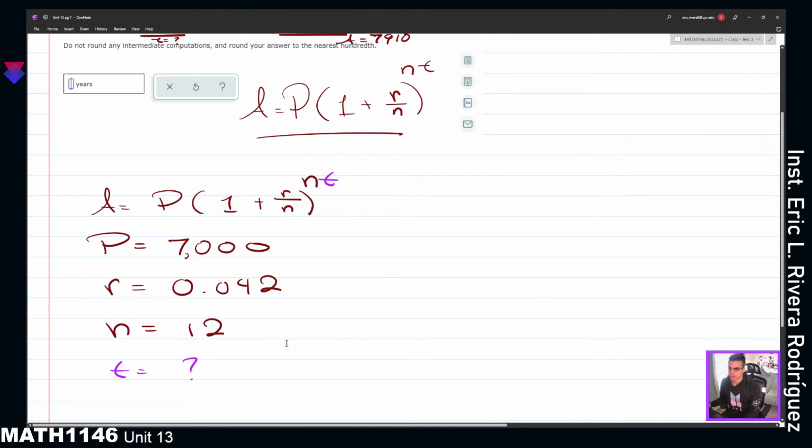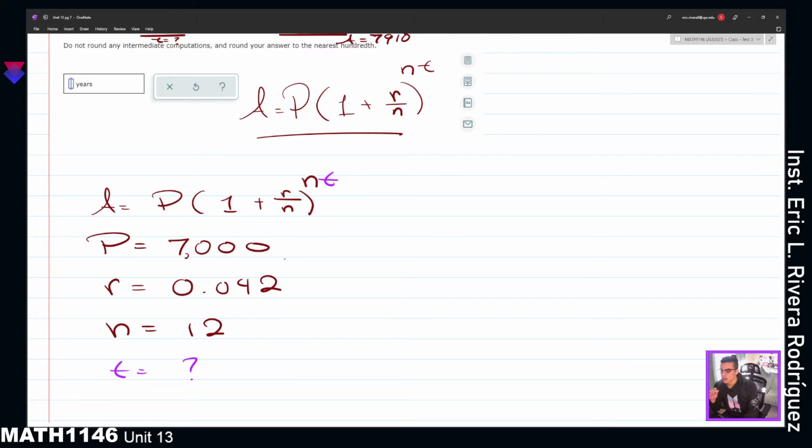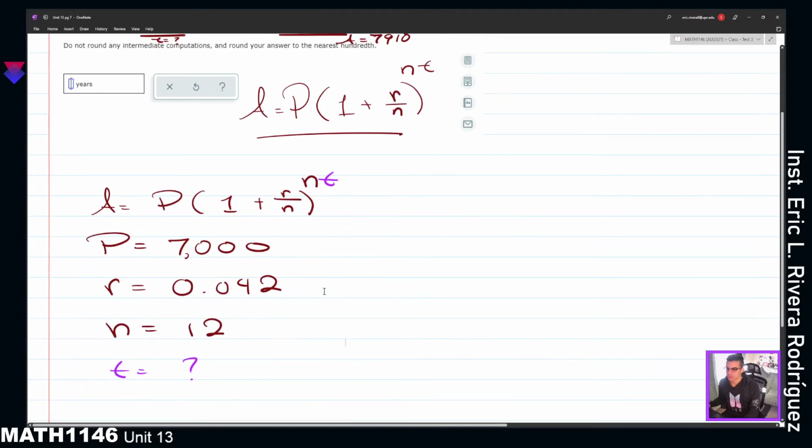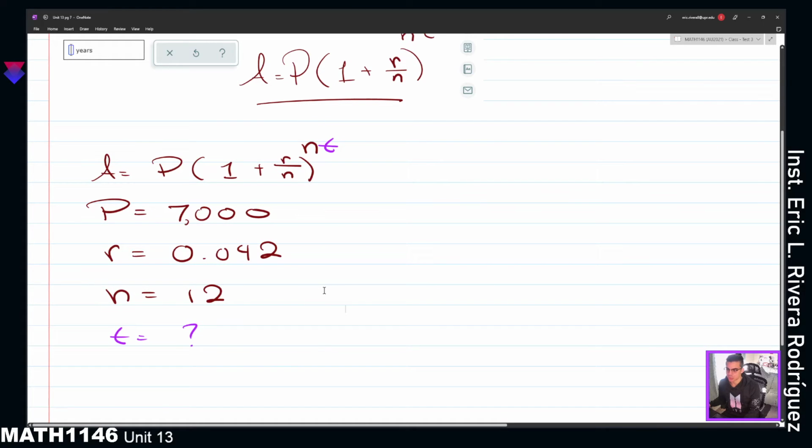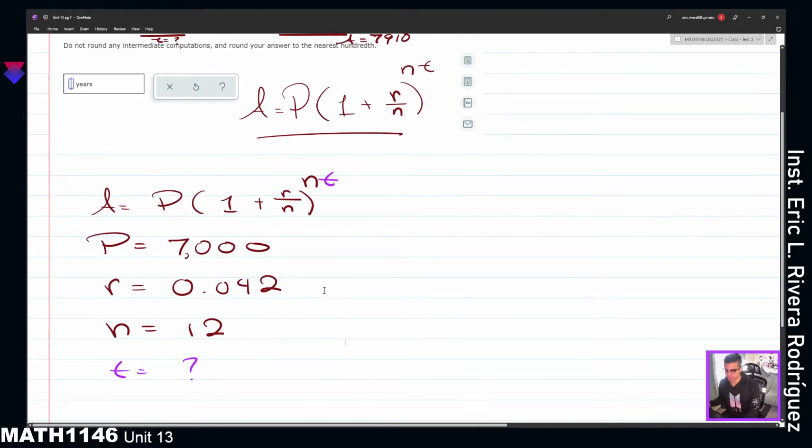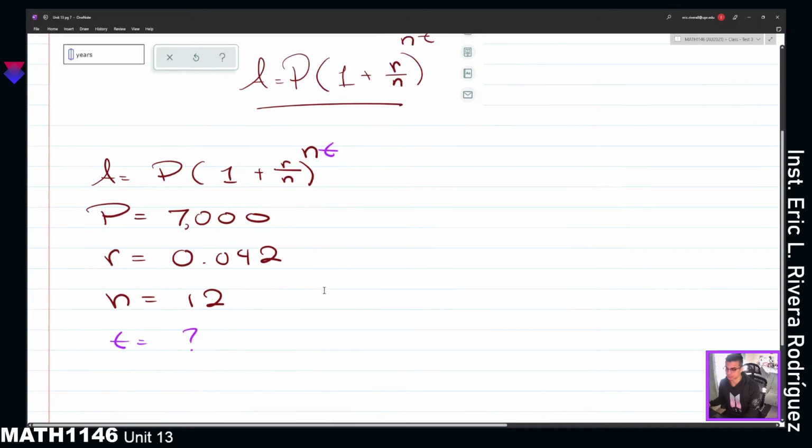So let me see if it would be wise to substitute these values now or later. This one will require a little bit of algebra work.